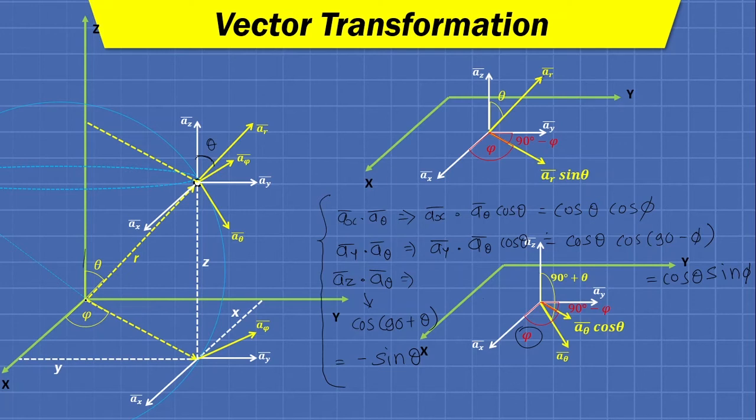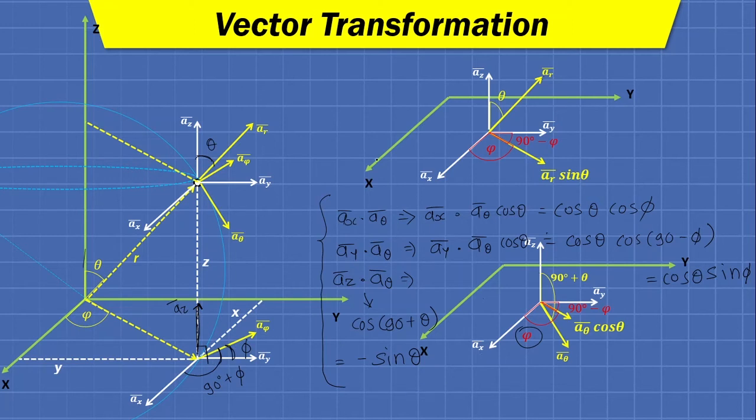Now if this angle is phi, then this angle will also be phi, and then the angle between x and a phi will be 90 plus phi. Here the direction of z is like this, which makes a 90 degree angle with all three base vectors.